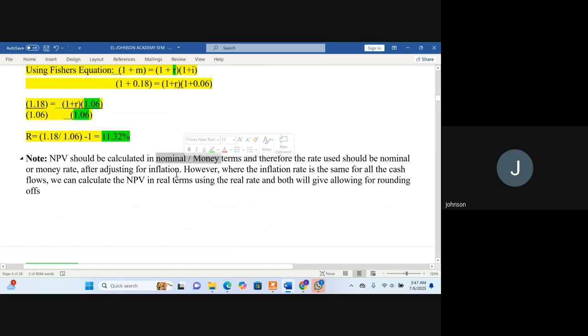They now say that, however, where your inflation rate is the same for all cash flows, because they will give you different cash flows, where the inflation is the same for all cash flows, then you will need to... what is the word?